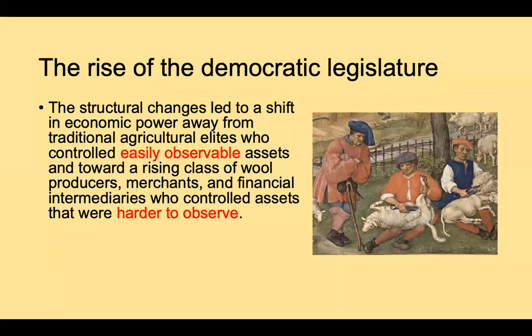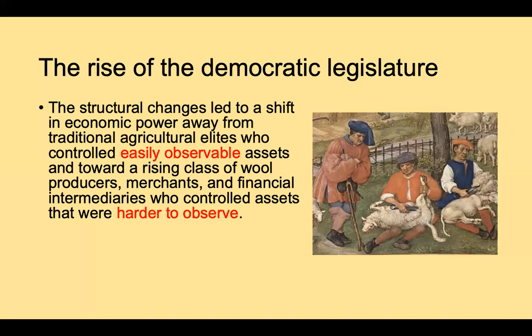When activity primarily took place in the countryside, it was very, very easy for the state or the crown to observe that activity and to expropriate or take from economic producers their revenues or funds generated by their activity, because they could easily see how much acreage they had or what they were producing. This is an example of easily observable assets, agricultural production.